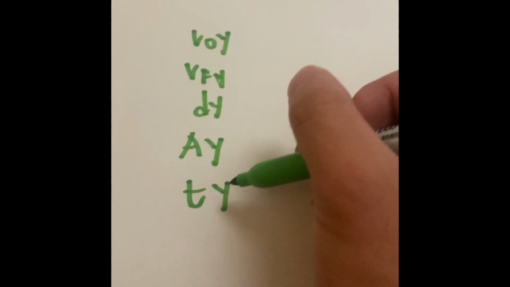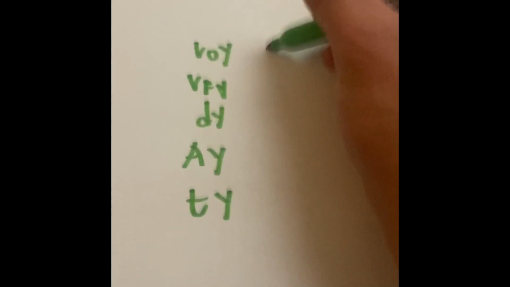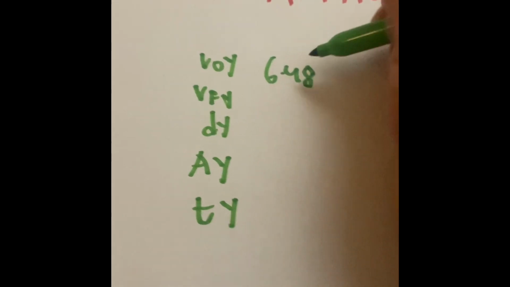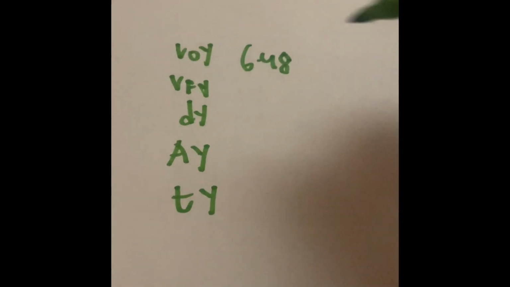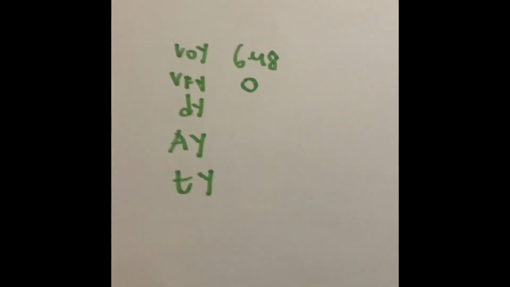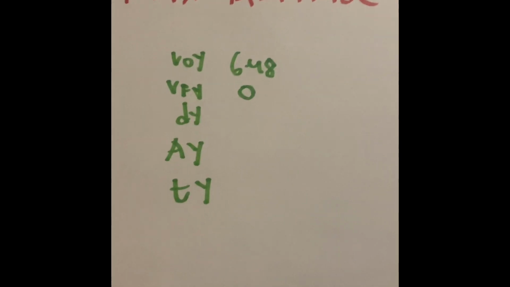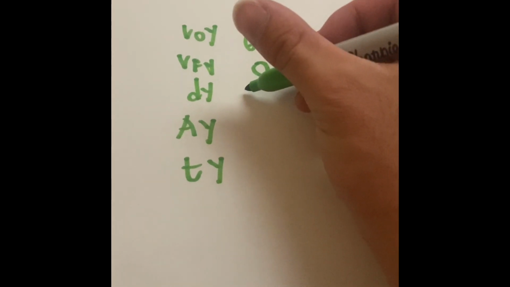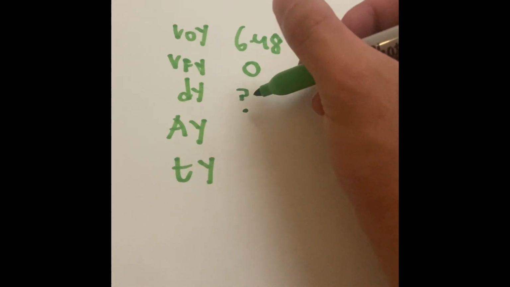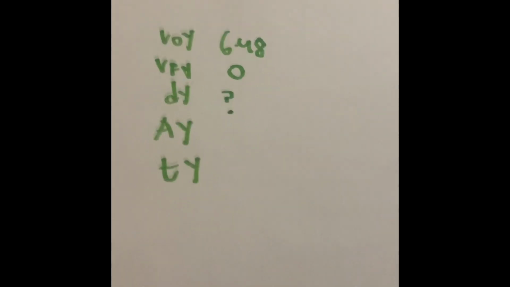We know that our initial for y is 6.48 because we knew that the final is 0 when the ball stops going up, but then starts to go down a bit later. Our dy, we have no clue about, but we're trying to find that because that is going to represent our height.